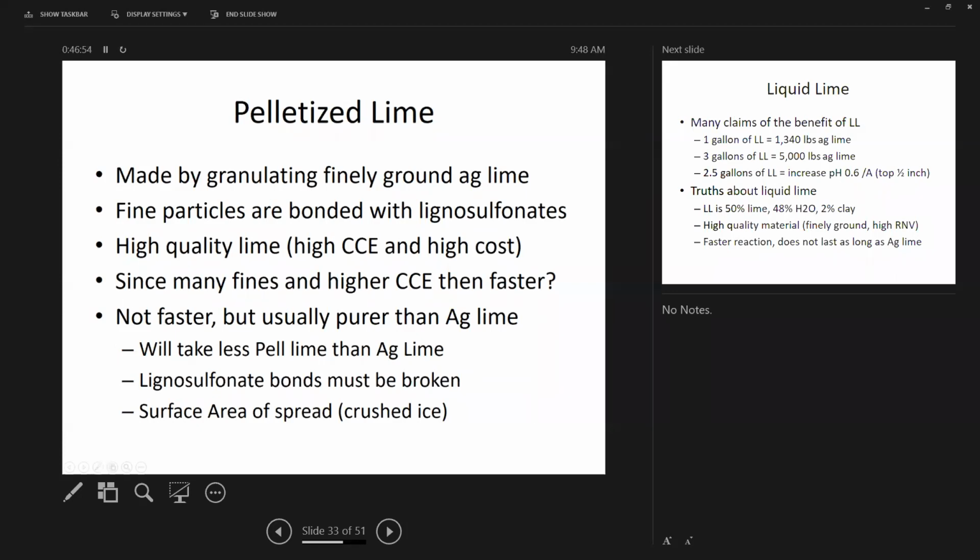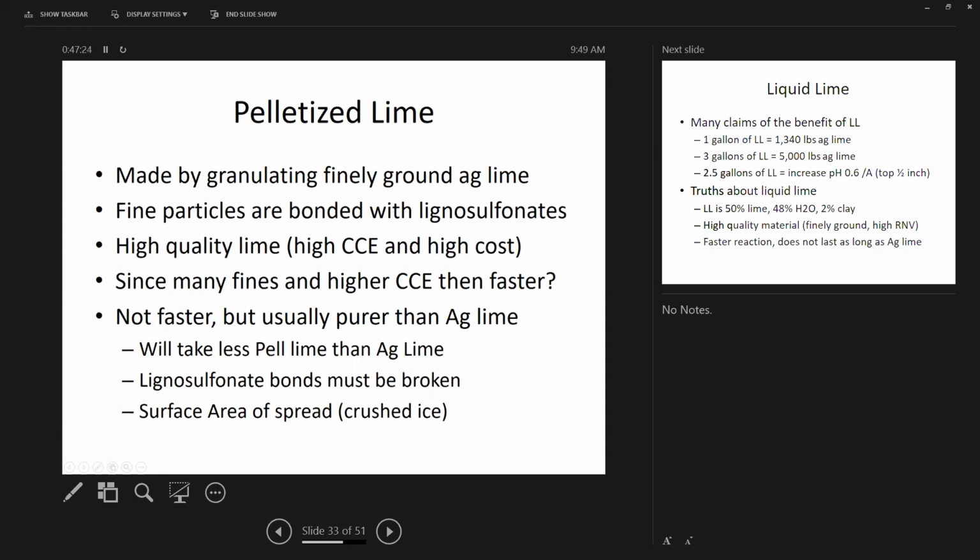If I look at this sheet and I say every word here is getting hit with a piece of ag lime, whether it be a fine or a coarse, I'm getting pretty good coverage over this. Now, if I look at this same slide, and I say only the O's, only the letter O receives a piece of pelletized lime.